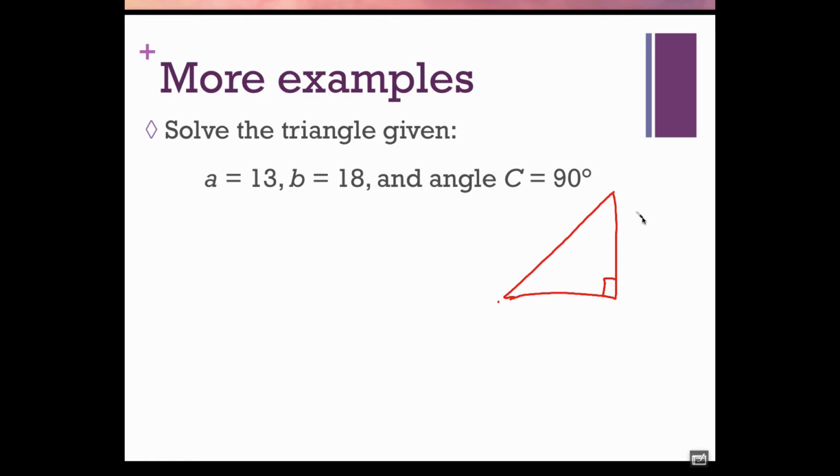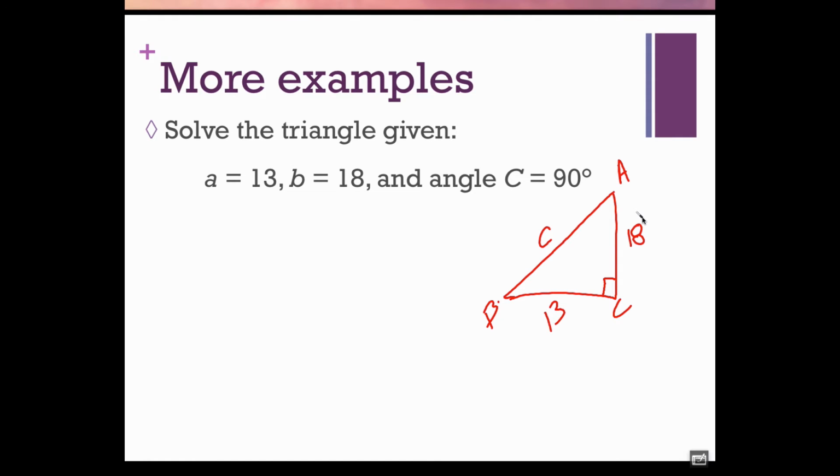Doesn't matter. So we'll do B. So this guy is A, and this guy is C. Good. How long is this side? Lowercase c, because we don't know how long it is. How about this one? 18. Could also be B, but we know that B is 18. And this one? 13.